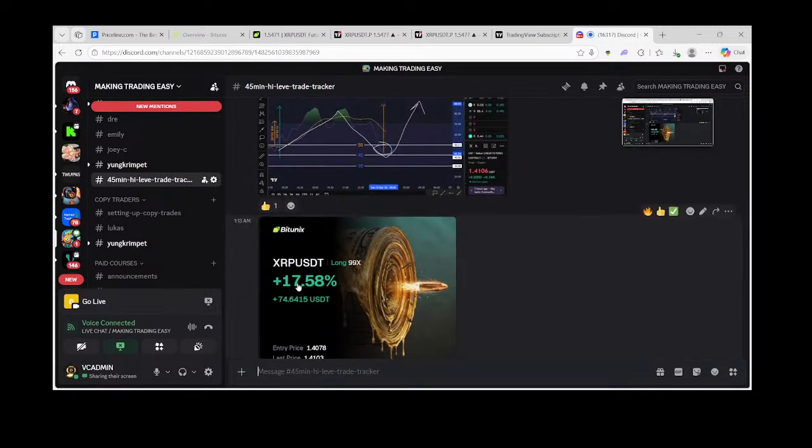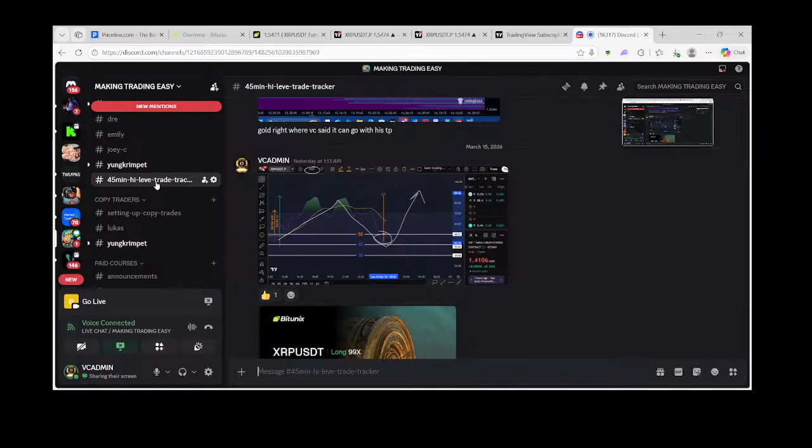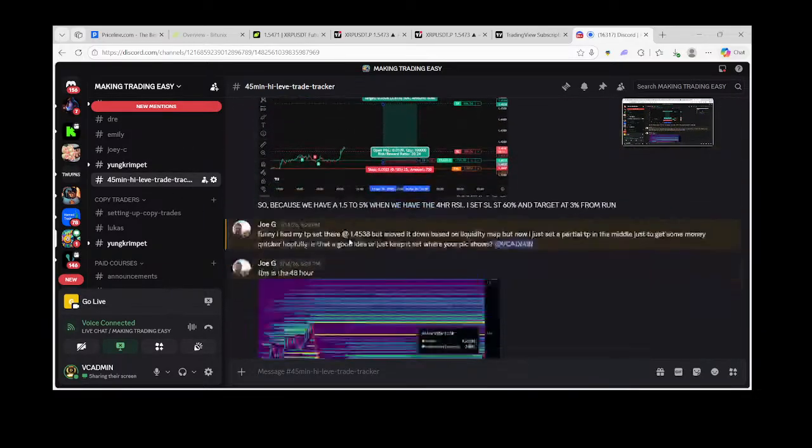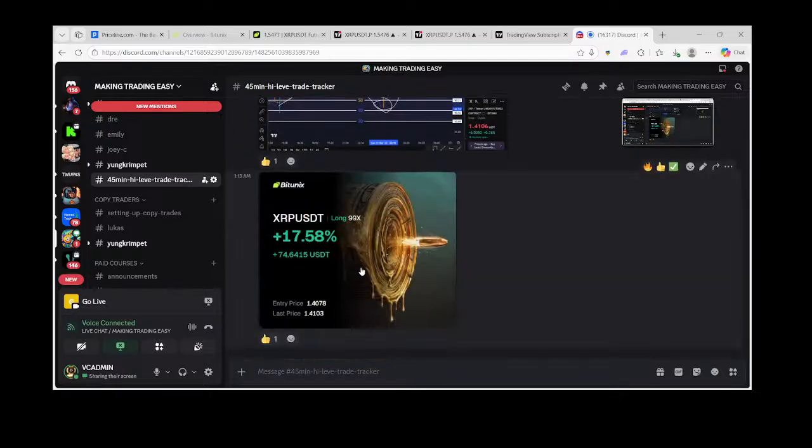So we'll have the entries and the results posted inside of here, so we can start fine-tuning the entries and the little pieces to the puzzle. But we'll have the data here.